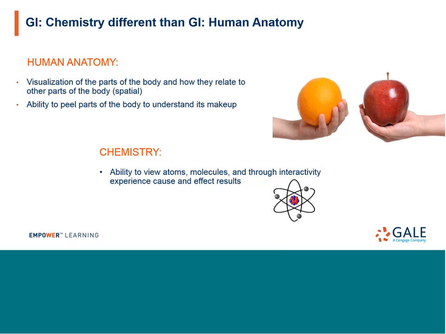They're similar, but they're actually quite different in terms of how they approach the material. Human anatomy focuses on the visualization of the parts of the body and how they relate to other parts, whereby chemistry is simply a product that brings the unseen to being seen. The ability to actually view atoms, molecules, and through interactivity with the models, experience cause and effect relationships of the chemical elements.